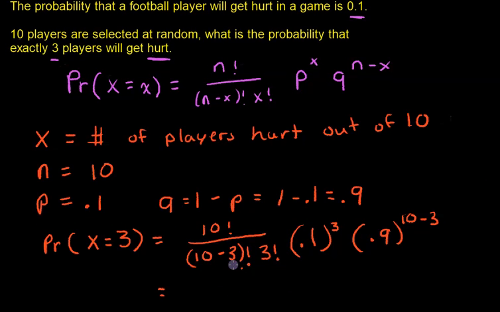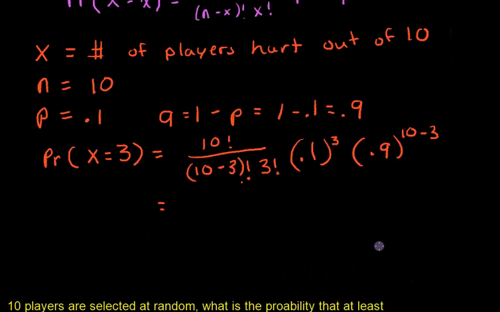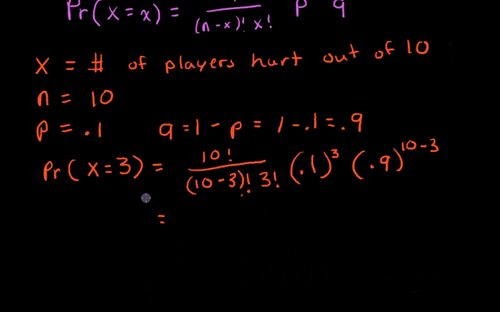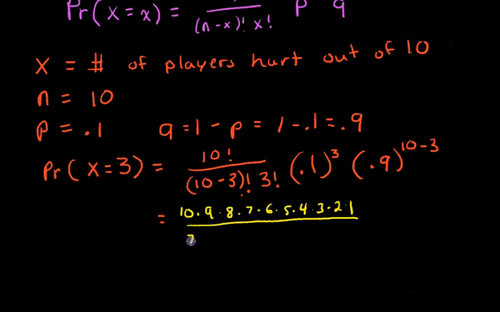10 factorial is 10 times 9 times 8 times 7 times 6 times 5 times 4 times 3 times 2 times 1. 10 minus 3 is 7, so 7 factorial is 7 times 6 times 5 times 4 times 3 times 2 times 1.